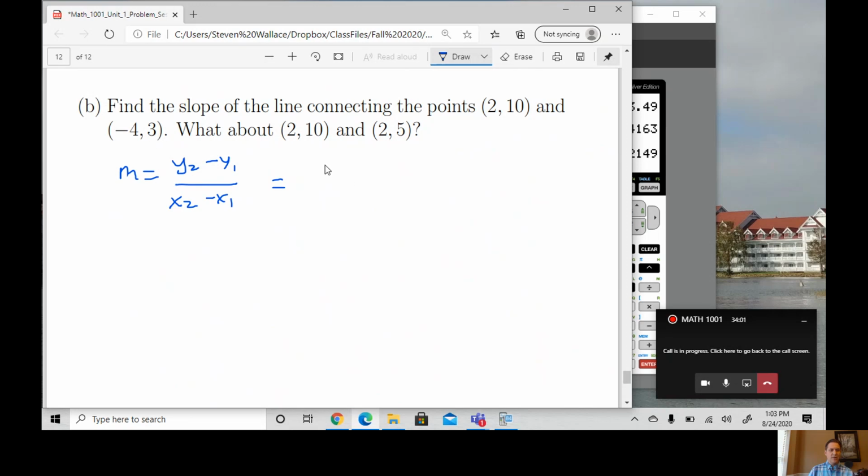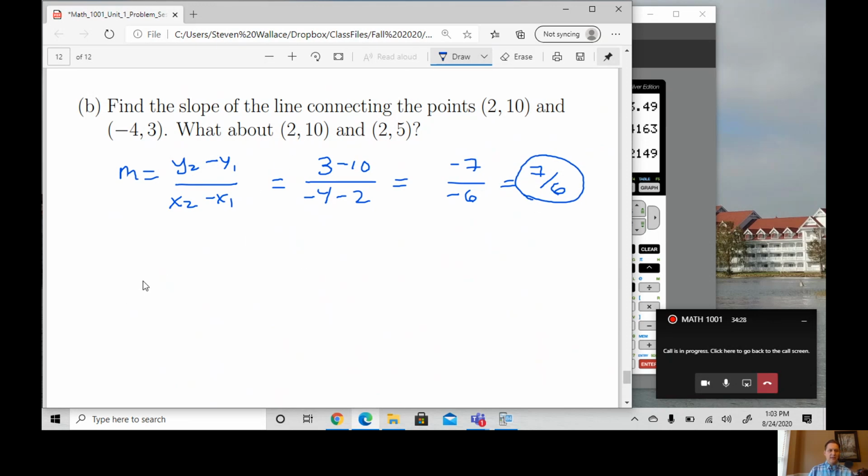So if the 3 is y2, that goes here, which means that y1 is 10, which means this is the x2, and that's the x1. So we get -7 over -6, but the negatives cancel. 7 over 6 would be the solution to that one.